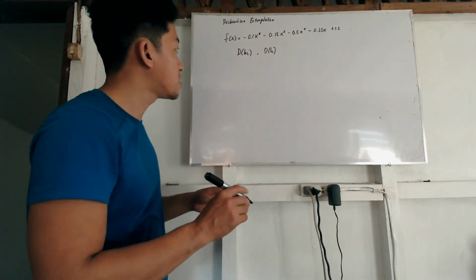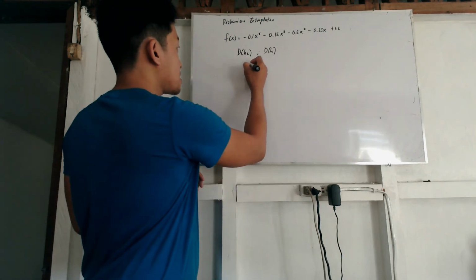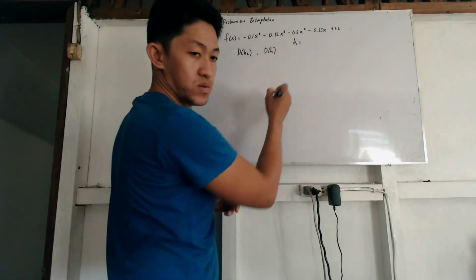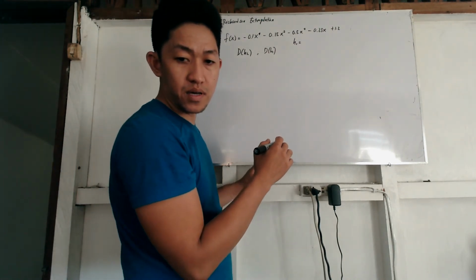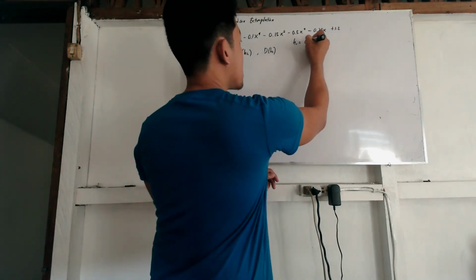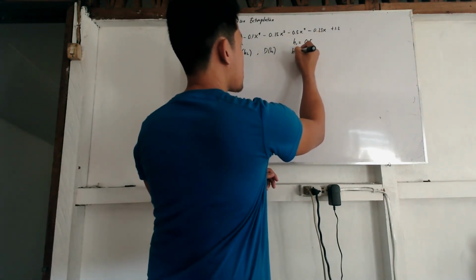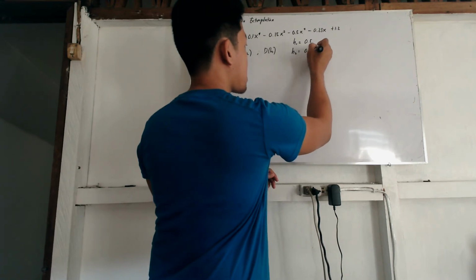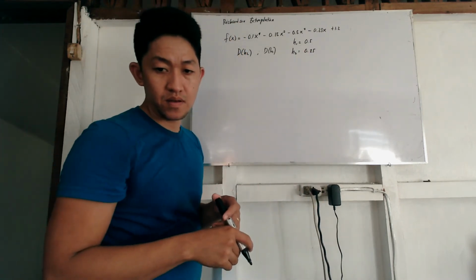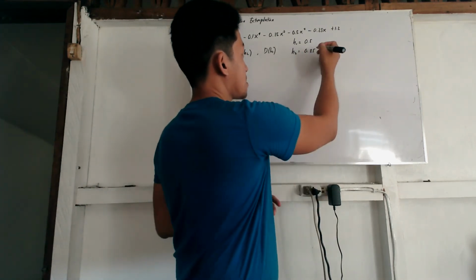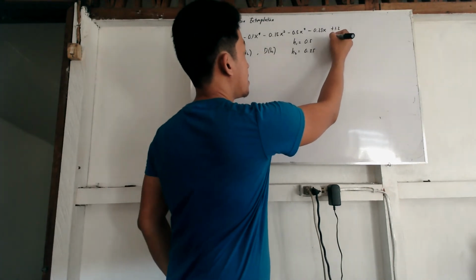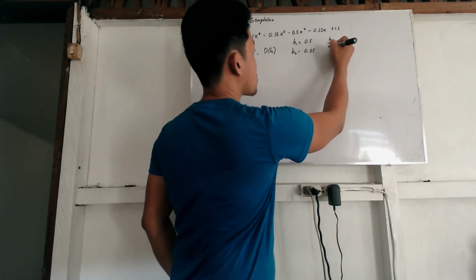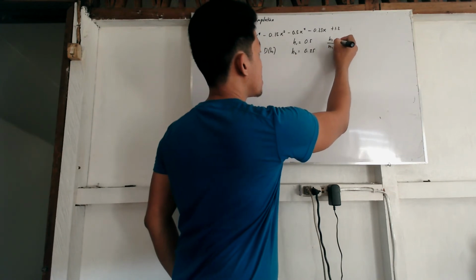Okay, so our step size h1 is equal to 0.5 and h2 is 0.25. Okay, because h1 over h2 is equal to 2.